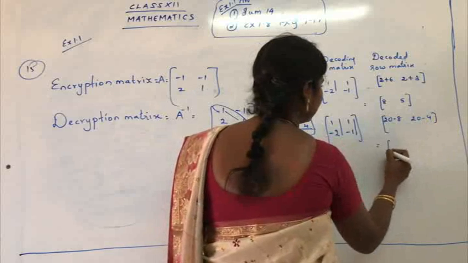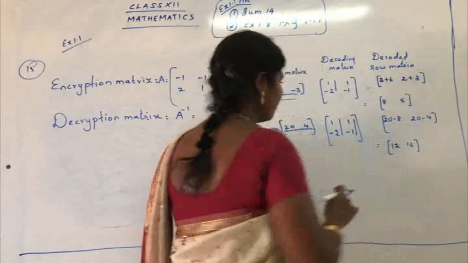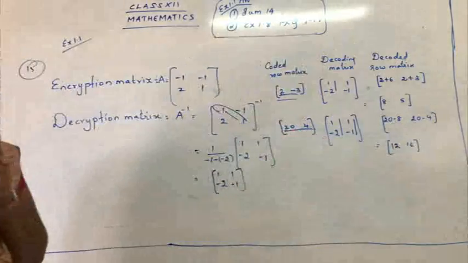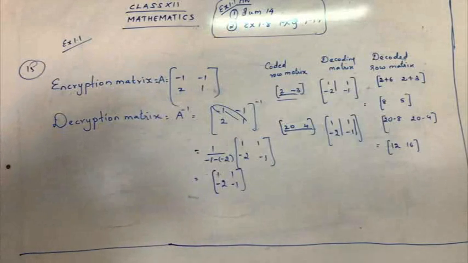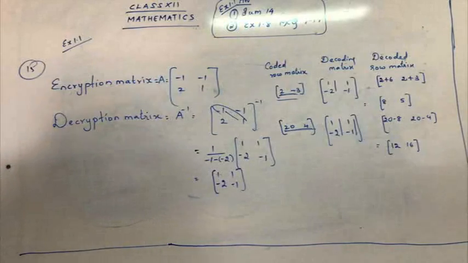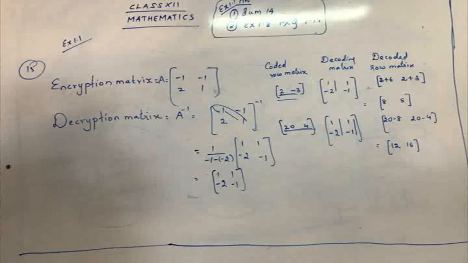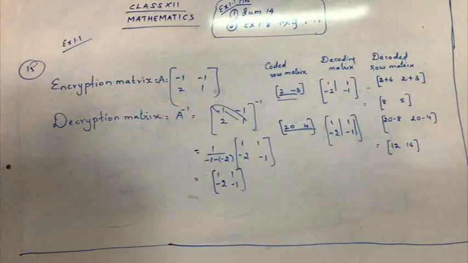So what do you get, children? It's 12, 16. So I have decoded the coded row matrix. 2, minus 3 is decoded as 8, 5, and 24 is decoded as 12, 16. So we have decoded the matrix.